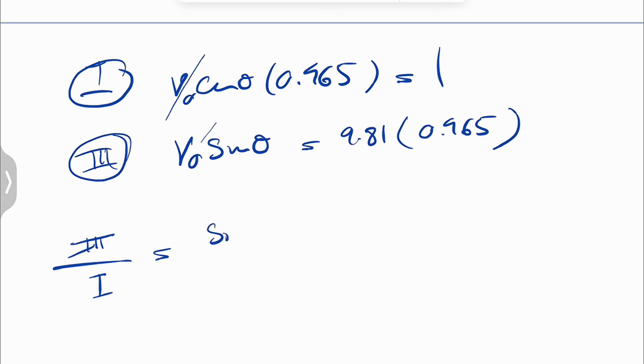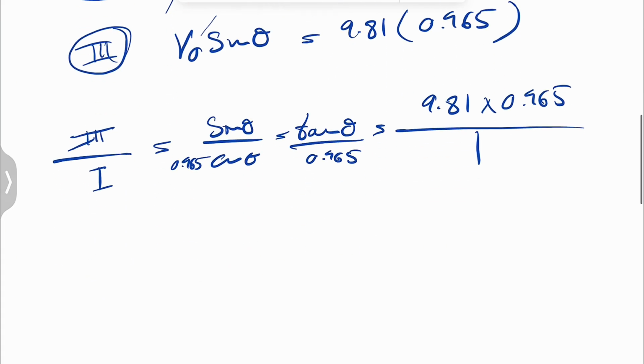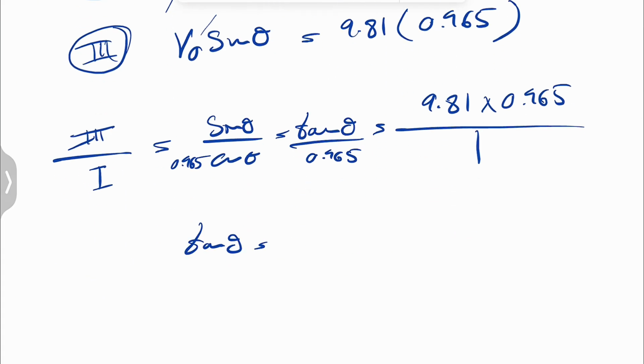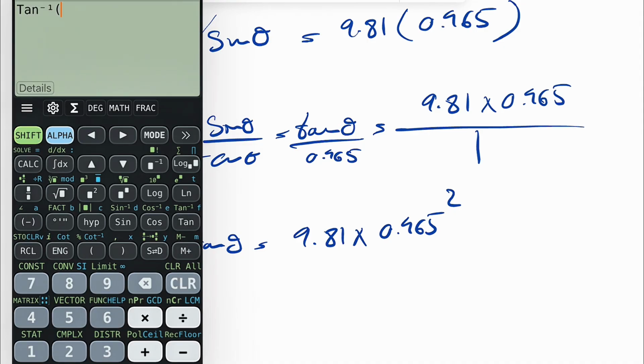So we have sine over cosine of theta, which is tangent of theta, equal to 9.81 times 0.465 over 1. So tangent of theta would be 9.81 times 0.465. We just need the arctangent to figure out this value, and our theta would be 64.7 degrees.